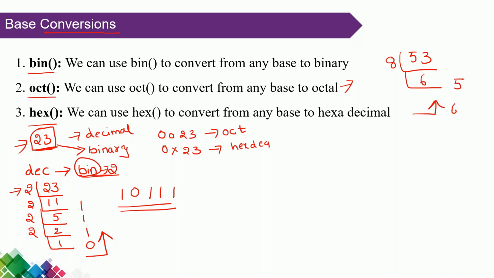So the answer is 6 5. If you consider a large number, divide until you get a remainder. Here 53 is base 10, a decimal number. Actually it is equal to 065. 65 is an octal number.